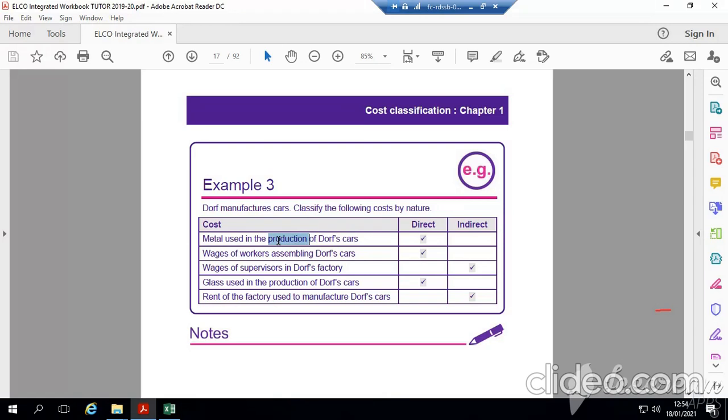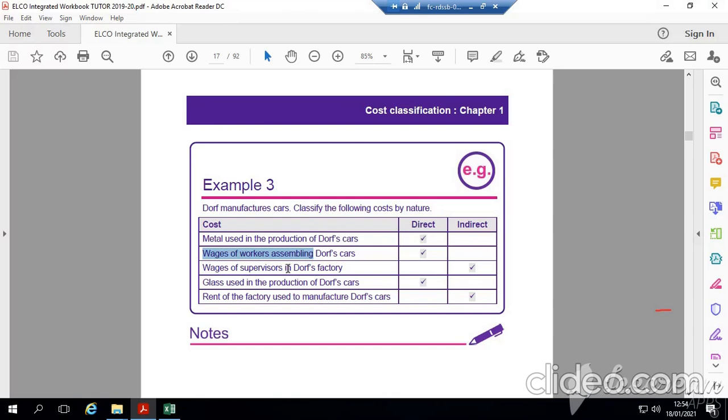Okay, so this is going to be a direct cost. Straight away, you must understand it. Wages for the employees who assemble the cars. So it's going to be direct again.